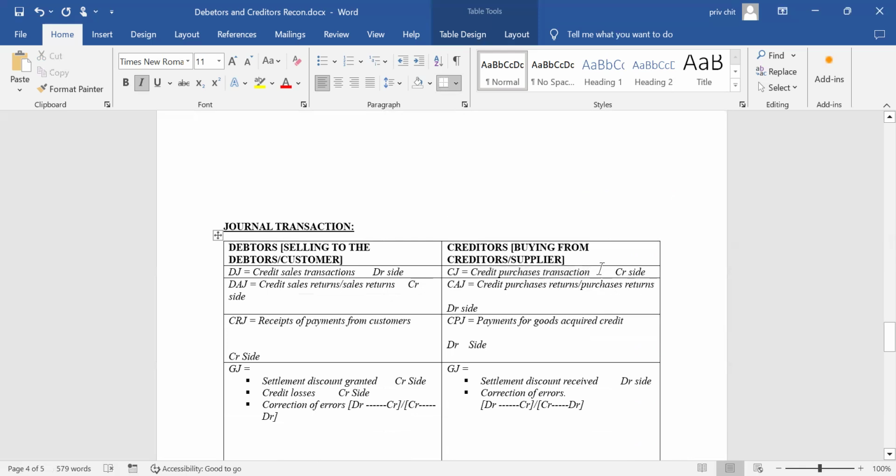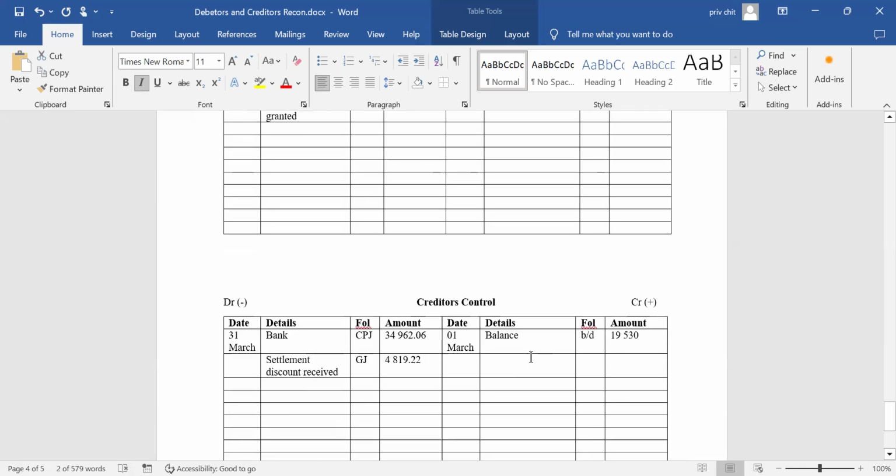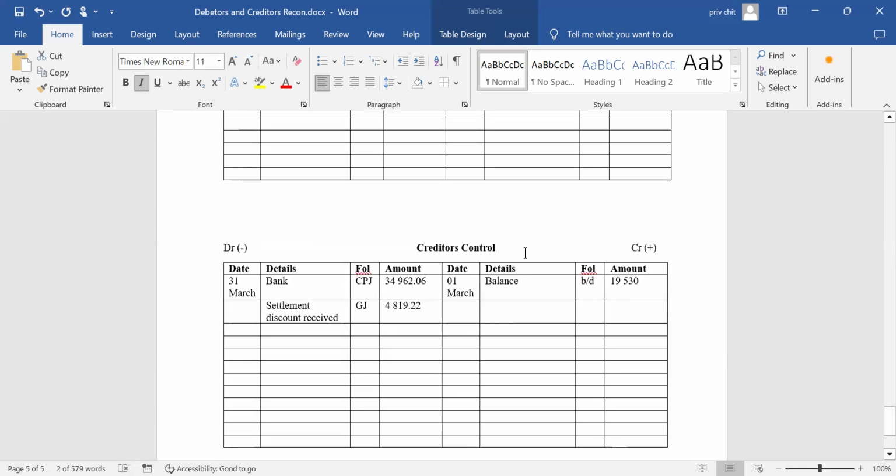Anything that is coming from that journal is put to the credit side of our creditors control account. So in this case, on the credit side of our creditors control account, we're going to record that amount. 31 March.